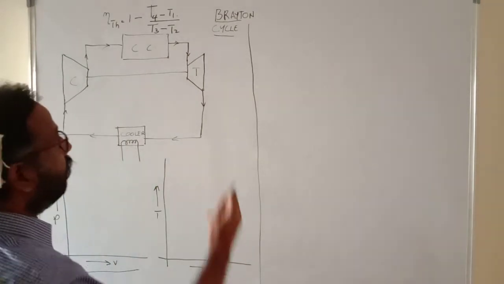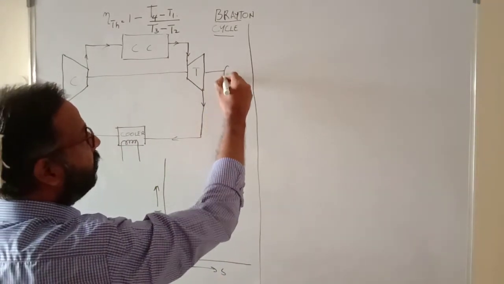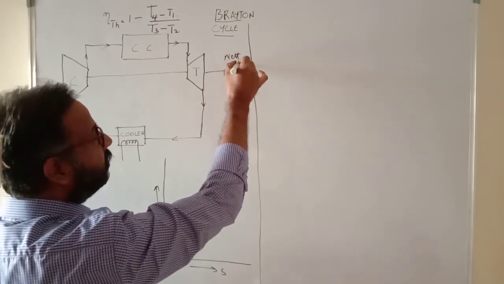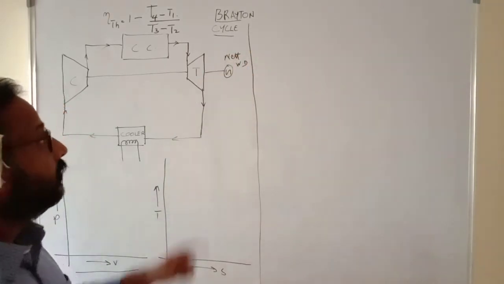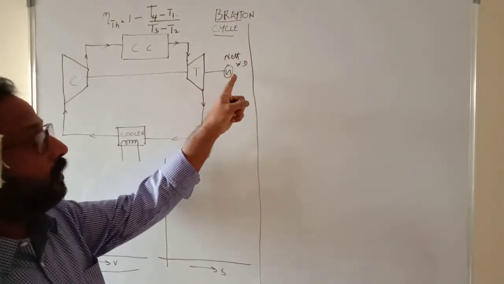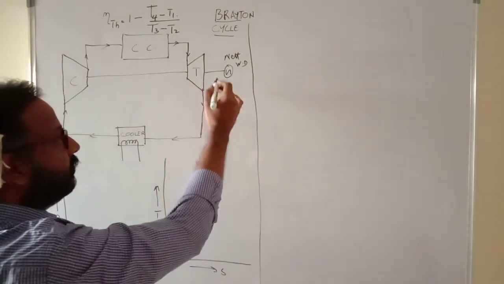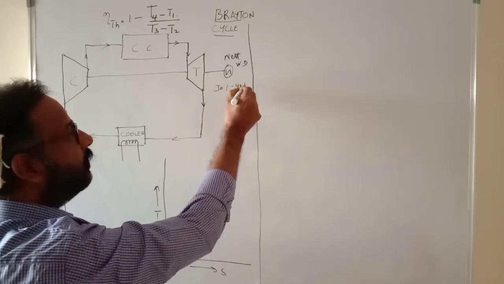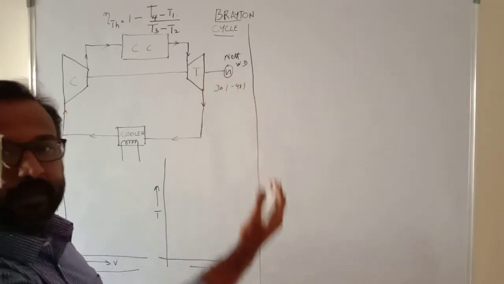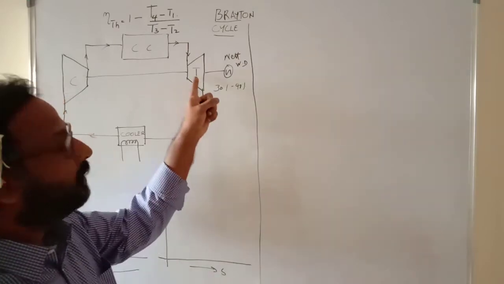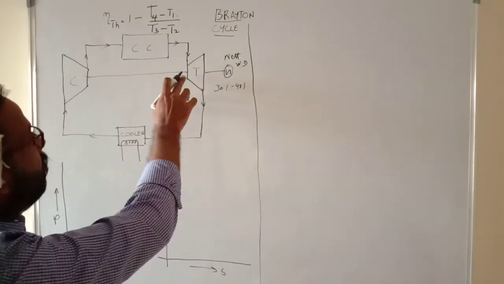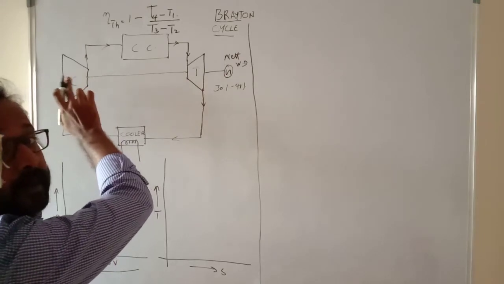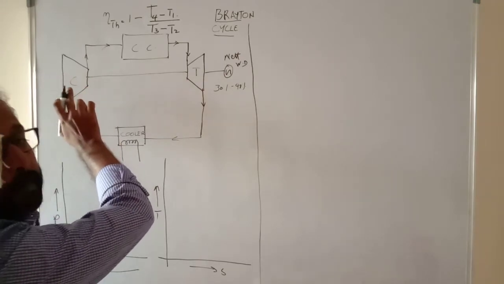Hence, when the turbine is connected to the generator, this will be the net work that we get in the generator. That is the work available in the generator, and it will usually be only 30 to 40% available work, because the rest, 60 or 70% of the work developed by the turbine, goes for rotating or powering the compressor.